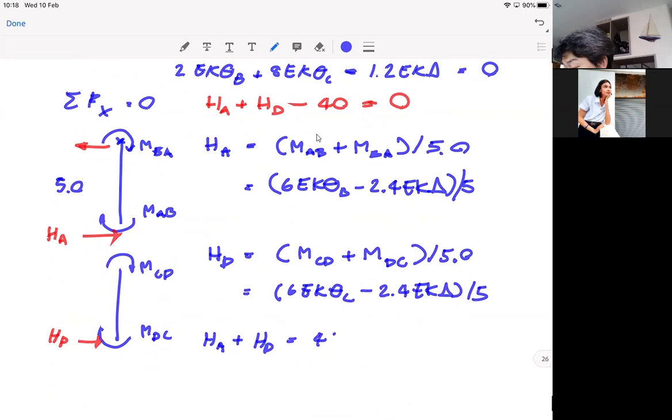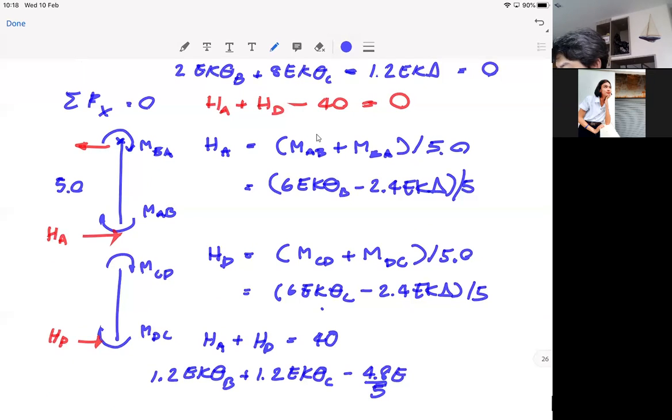I can move 40 to the other side, and then now I have 6 over 5, that's 1.2 EK zeta B, and I have zeta C, that's 1.2 EK zeta C, then minus that's 2 of them, so it's 4.8 over 5 EK delta equal to 0.